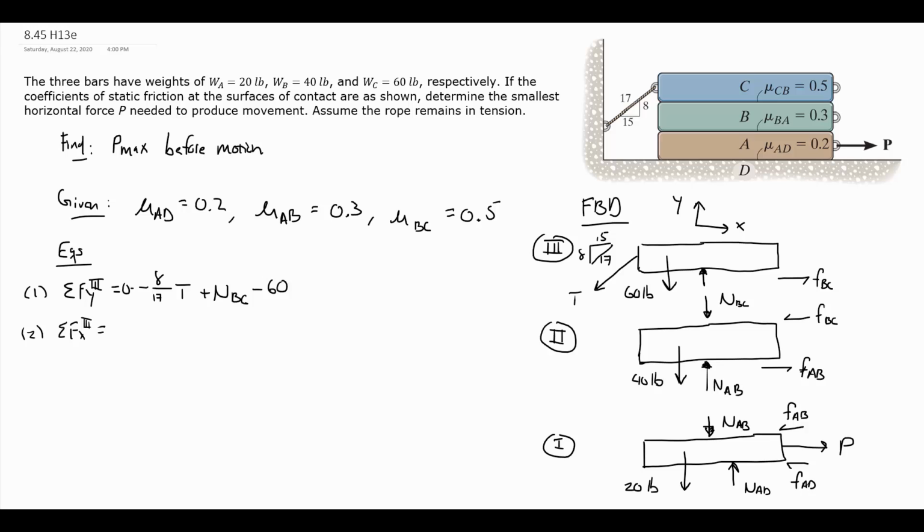These are 0. In the x direction, I'll have minus 15/17 times T. And in this picture, FBC points to the right.